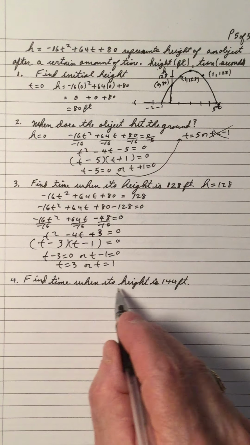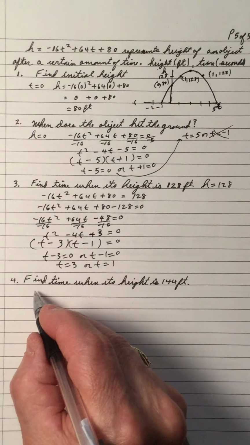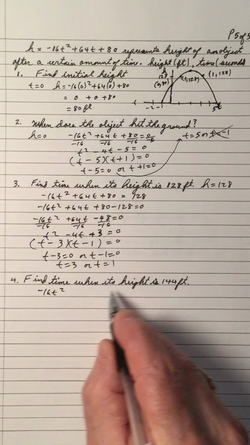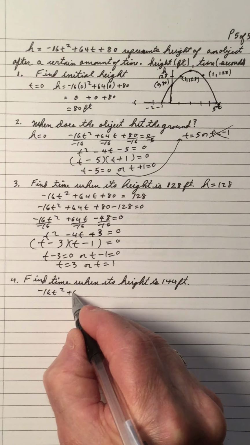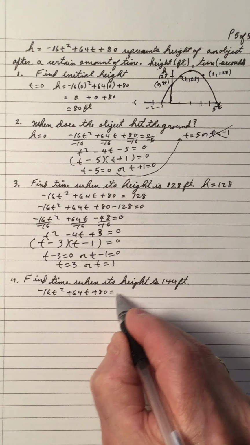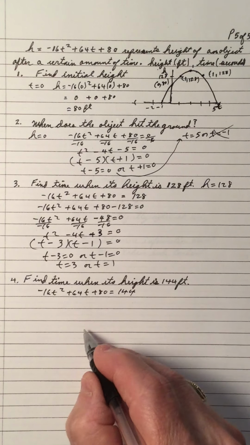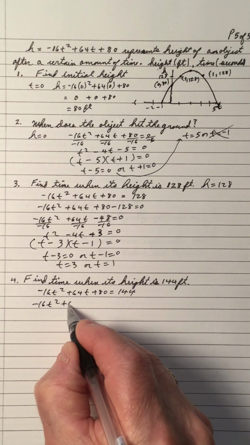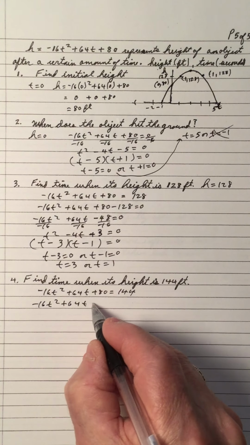Number 4, find the time when the height is 144. So we put 144 in the place of h. It's a matter of taking your time, and so 144 is going in, and we do the equation exactly the way we did number 3.